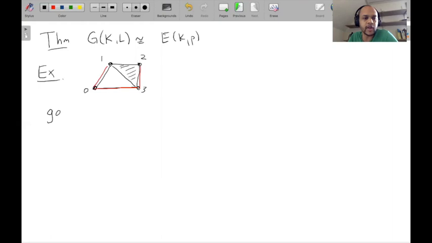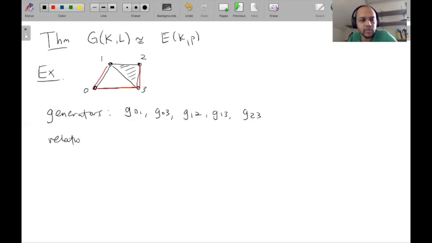So we get generators. There's one for every edge. So there's G01, G03, G12, and G13, and G23. These are all the edges. And then we have relations. This triangle gives a relation: G12 G23 is G13.